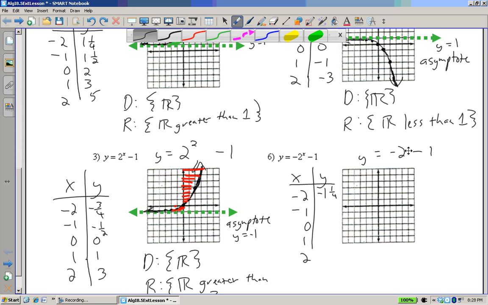All right, negative 2 to the negative first. That's the opposite of 1 over 2 to the first minus 1, or just y equals negative 1 and 1/2.